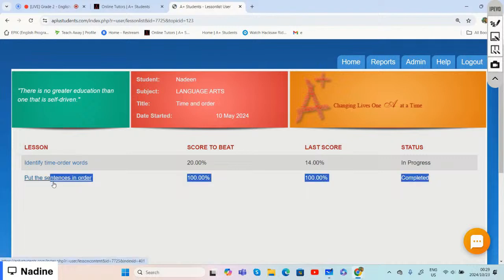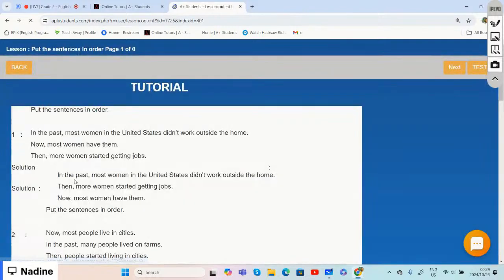We're going to put these sentences in order.